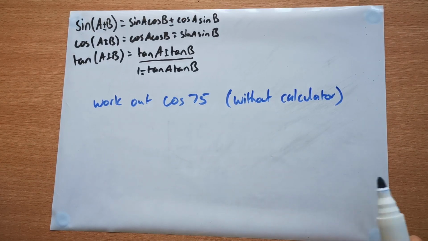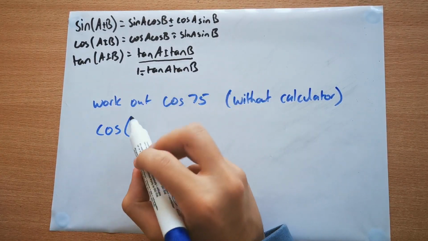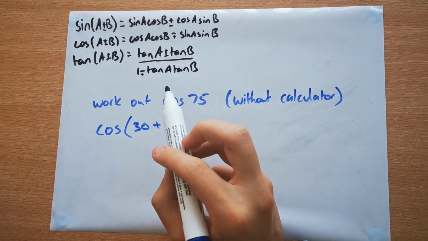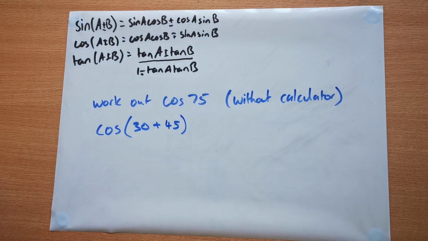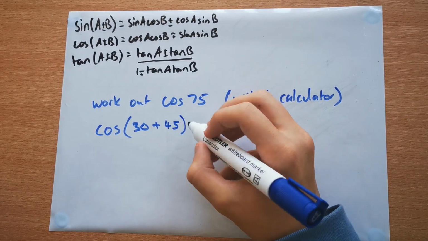So cos 75 is equal to cos, we're going to say 30 plus 45. It's not 30 plus 15. That equals 75. But we're just splitting it up. And if you were to type into your calculator cos 30, you would get root 3 over 2.